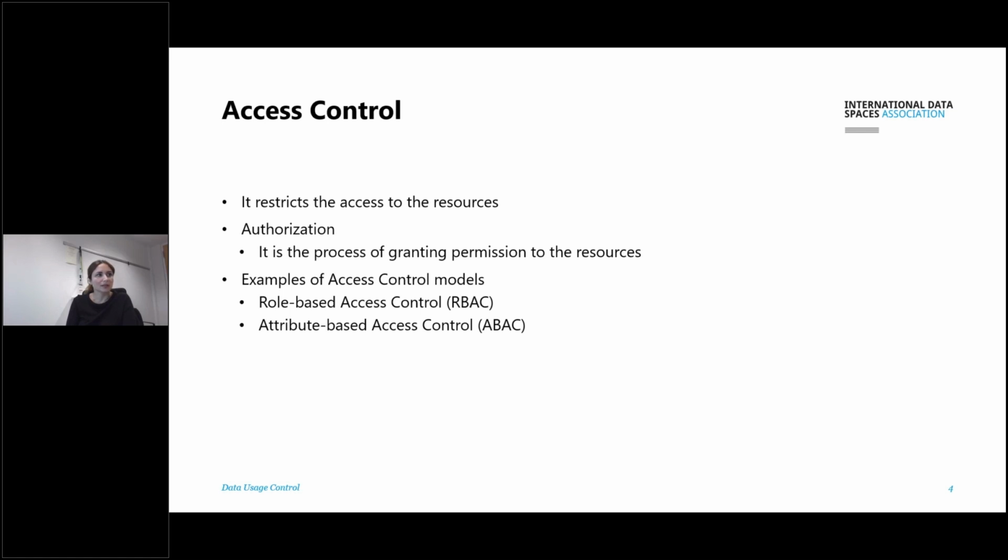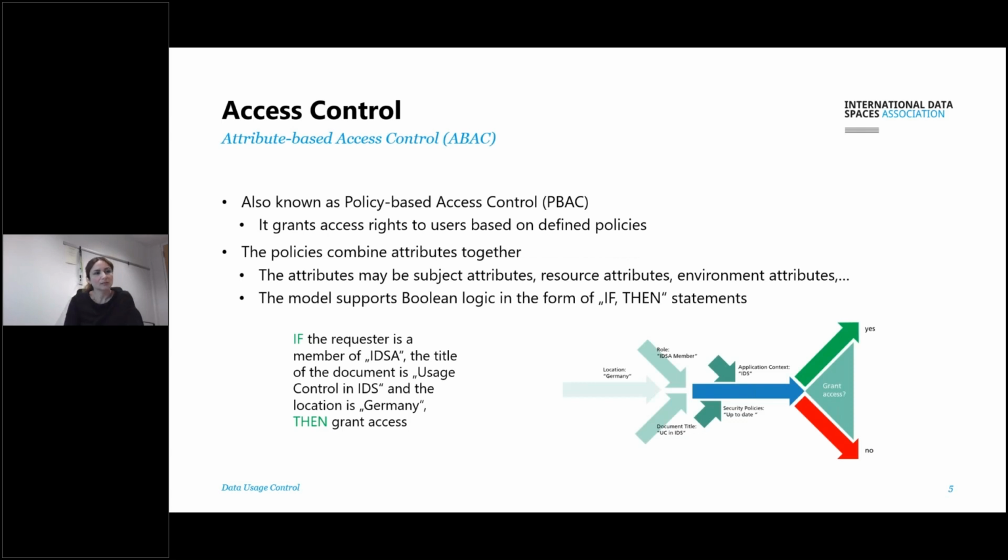The other model that is very well known and very much used is the attribute-based access control. It is about defining attributes and values and then checking whether these attributes and values are as demanded and then providing access to the resource. The attribute-based access control is also known as policy-based access control.